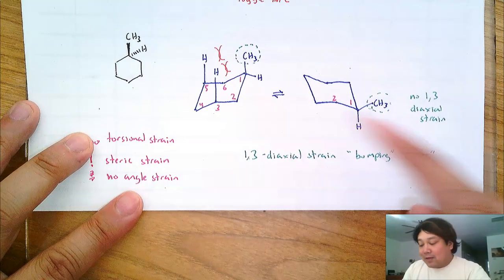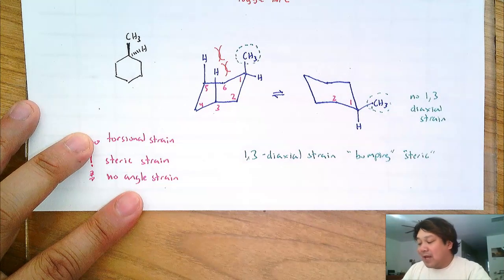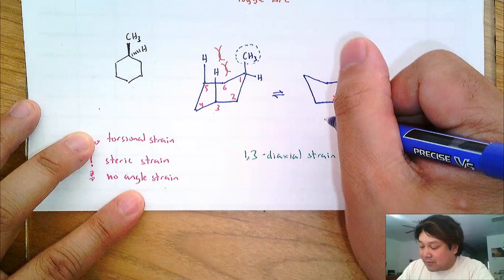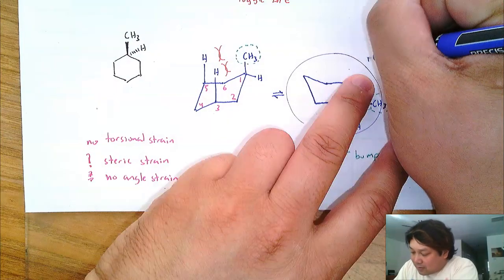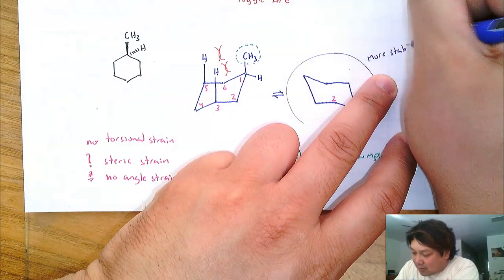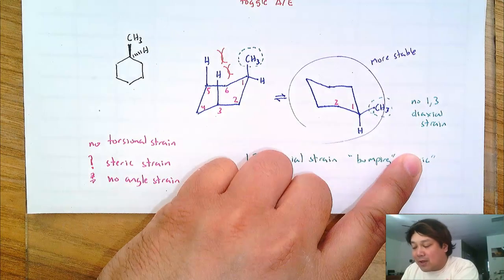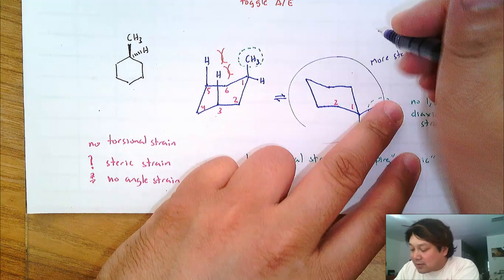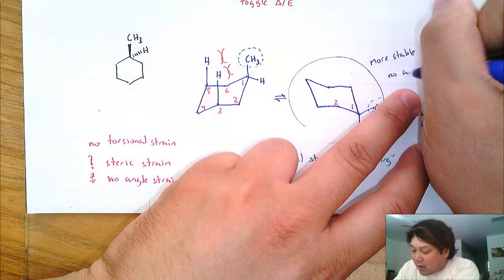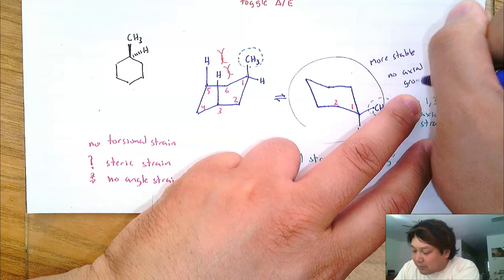Okay. So, which is the most stable conformation? This is more stable, because it has fewer big groups in the axial position. So this has no axial groups.